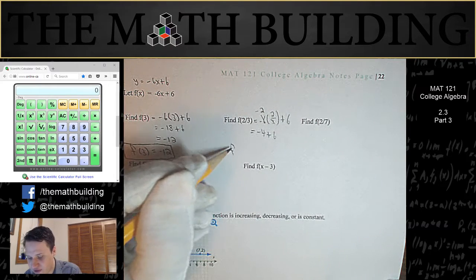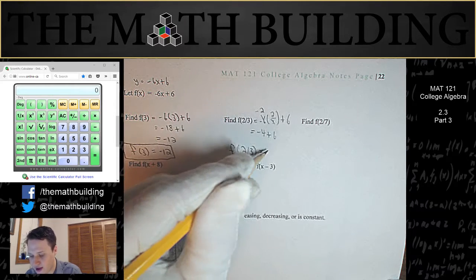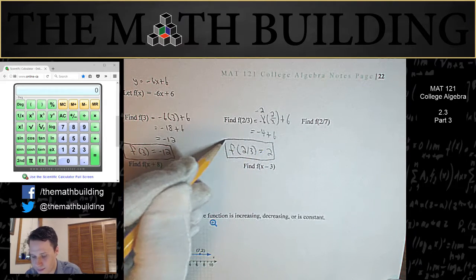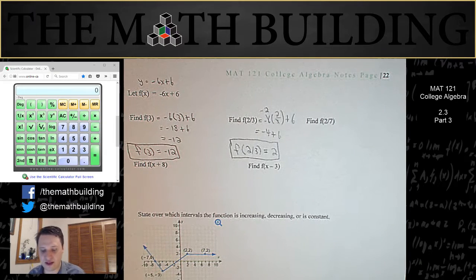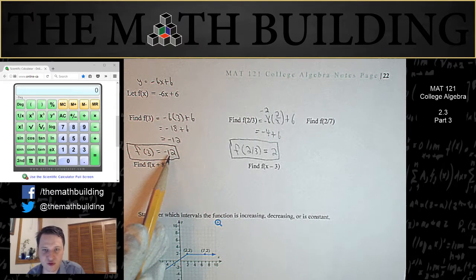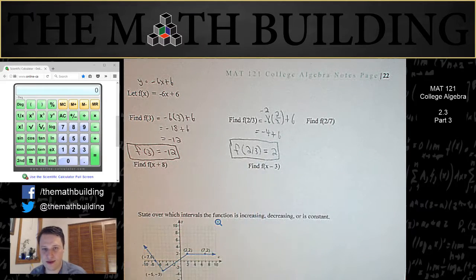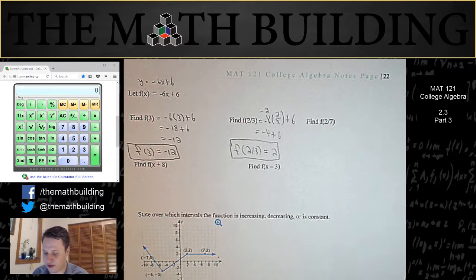And so f of 2/3 is equal to negative 4 plus 6, which is 2. So you can see that this function maps 3 to negative 12, and it maps 2/3 to 2. This is good. If 3 was getting mapped to two different numbers, it wouldn't be a function.